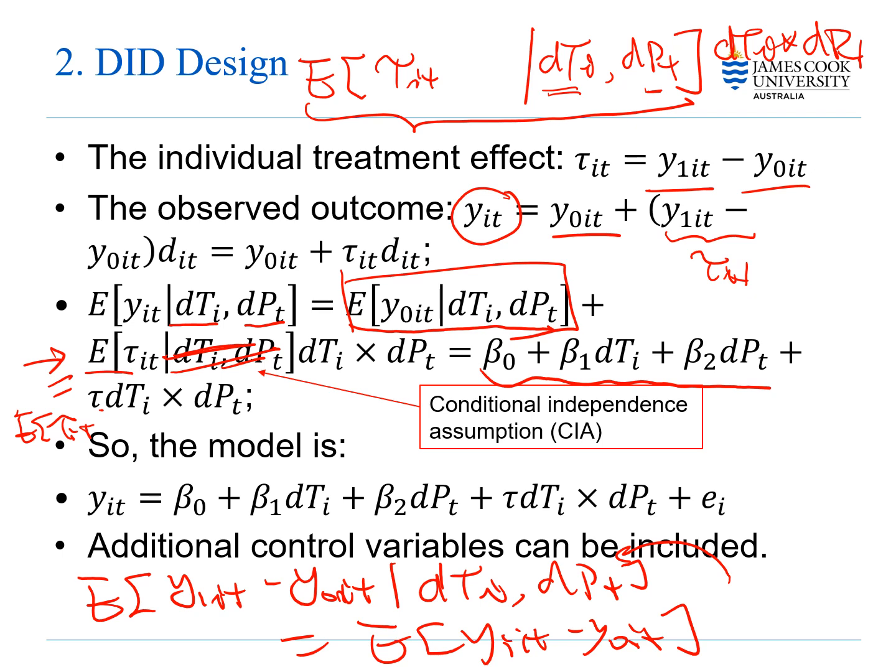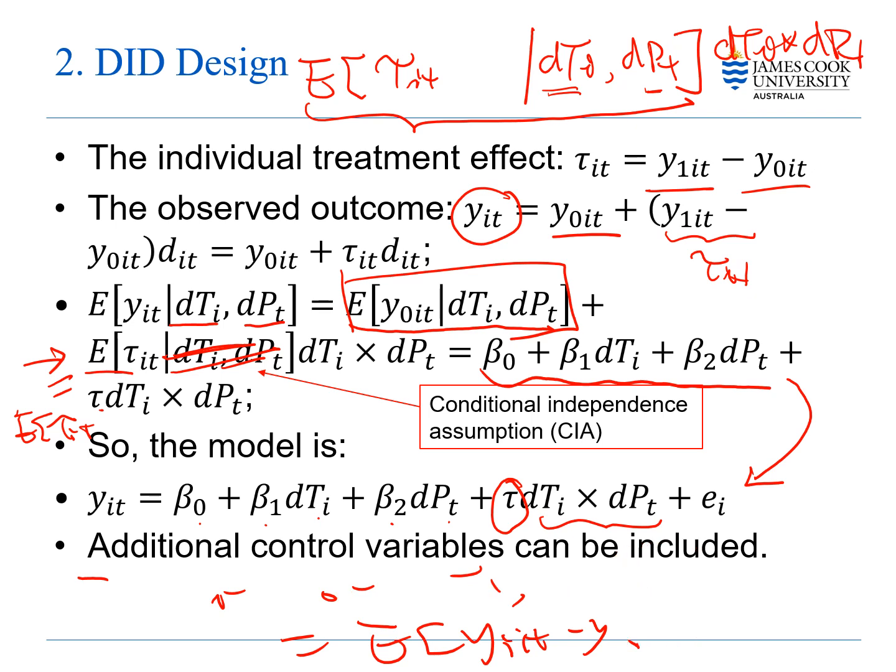So given this, we can specify a regression model: yit is equal to beta 0 plus beta 1 dti, beta 2 dpt, plus tau dti times dpt, the interaction term. And the coefficient of this interaction term captures the average treatment effect.